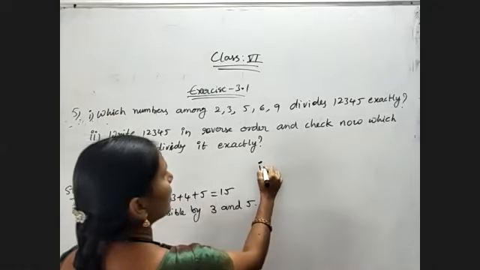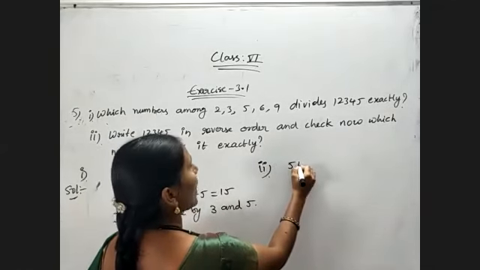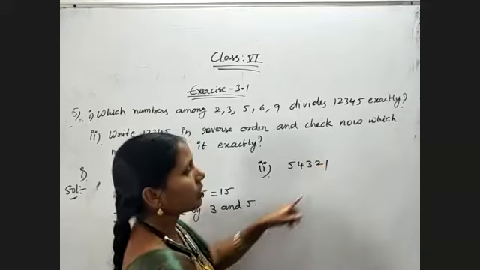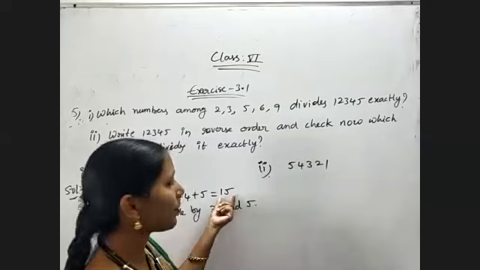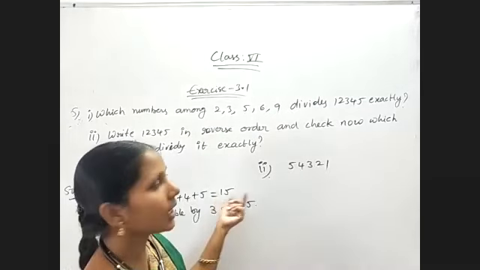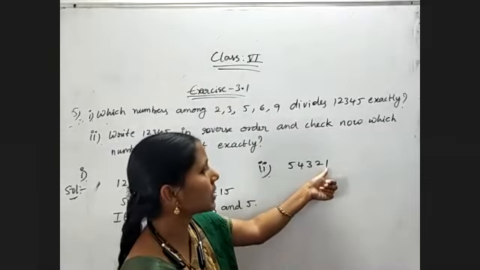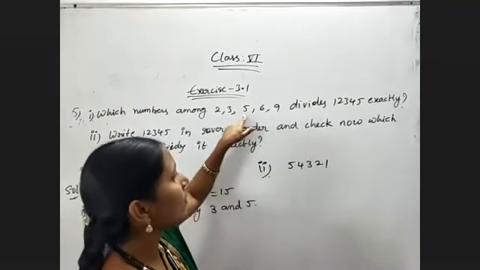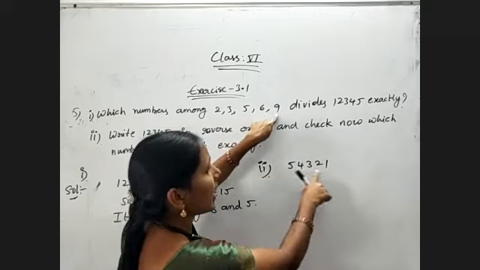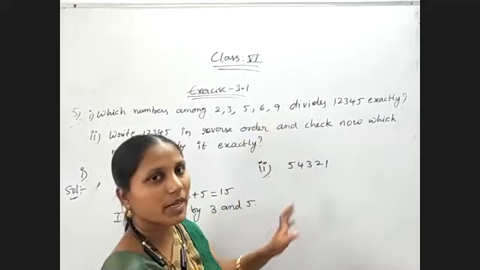Coming to the second question, reverse the number. What will we get? 5, 4, 3, 2, 1. Because of 1, it is not divisible by 2. And the sum is the same, 15 we will get, so it is divisible by 3. And for 6, because it is not divisible by 2, it is not divisible by 6. 5 also, it is not divisible now. And 9, sum is 15, so it is not divisible by 9 also.